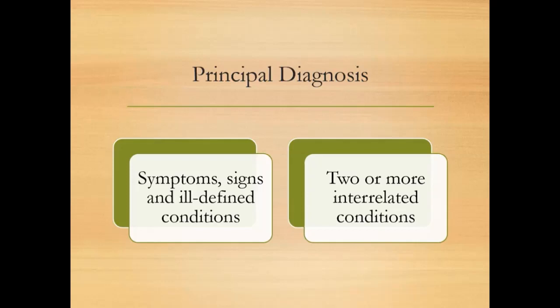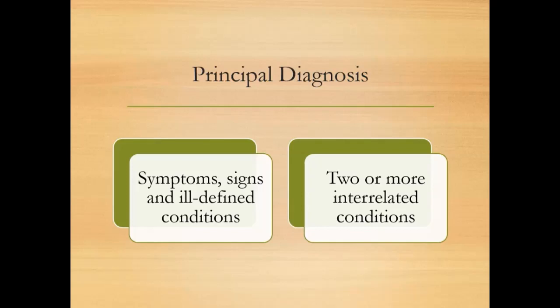First up is related to situations where you have signs and symptoms. Signs and symptoms are not to be used as a principal diagnosis when a related definitive diagnosis has been established. So think about someone that has chest pain and the doctor definitively says that the patient has a heart attack.